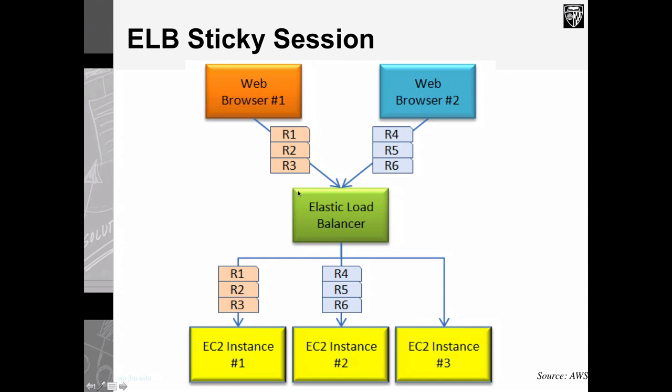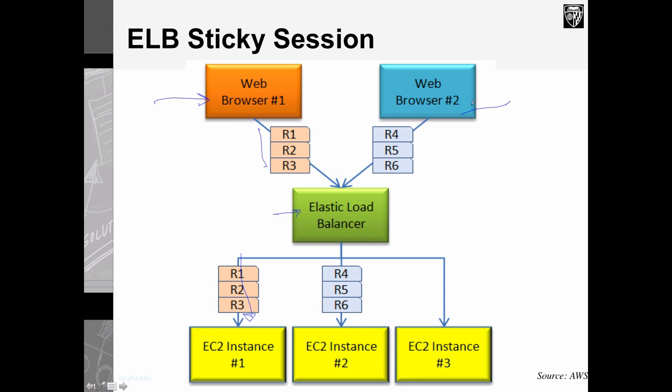This is how it looks from end to end. I have a user coming from browser number 1. He's making 3 requests, R1, R2, and R3. Because sticky sessions are enabled right now, the ELB sends all these 3 requests to one specific EC2 instance.